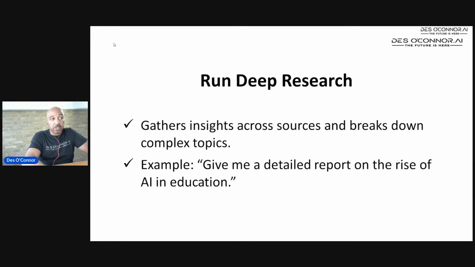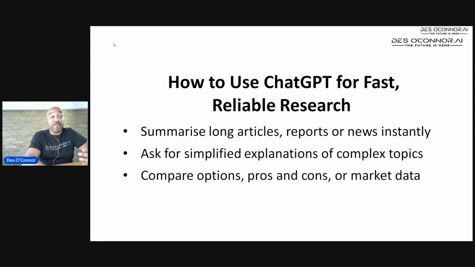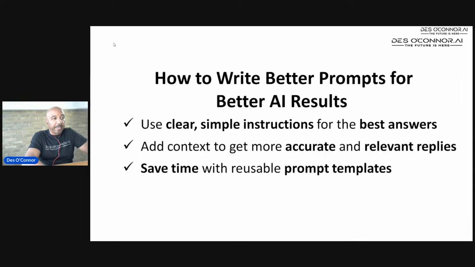I touched on that it can do deep research as well. You can run the deep research. You gather insights across sources and break them down into complex topics. And you can use it for fast, reliable research as well. And you can also get it to help you to write better prompts. Now, prompts are the instructions that you give it that you want it to do.